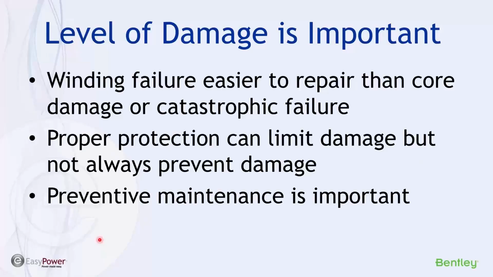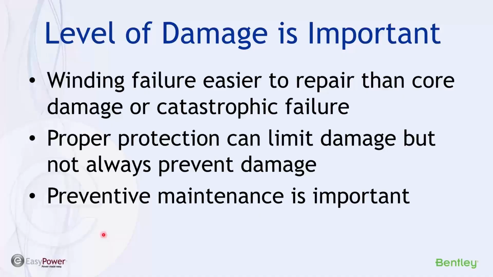It's important to understand the level of damage, and while it's virtually impossible to prevent wear and tear, if you will, or partial damage to a transformer, that level of damage can make a big difference on what the alternatives are. For instance, winding failure is easier to repair than core damage.